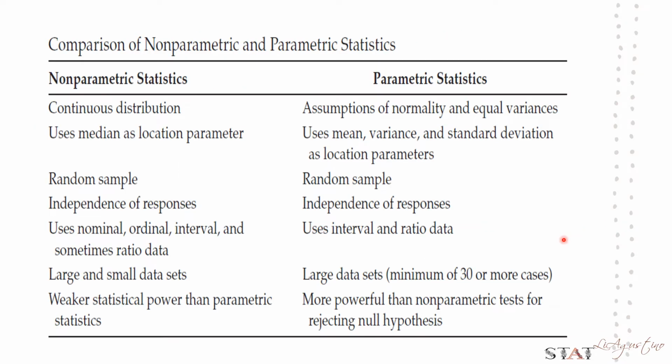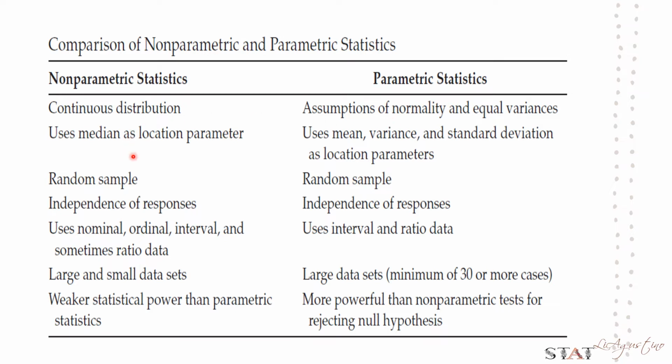So to review, as it is also in our textbook, the comparison of non-parametric and parametric tests. I believe you already have a background about the terms that we are talking about from your elementary statistics. Under non-parametric statistics, it must be continuous distributions. However, parametric is stricter, so you really have to meet the assumptions of normality and equal variances.